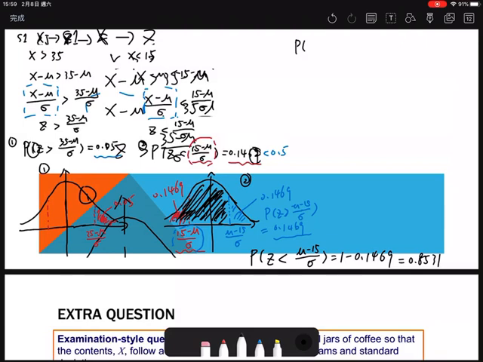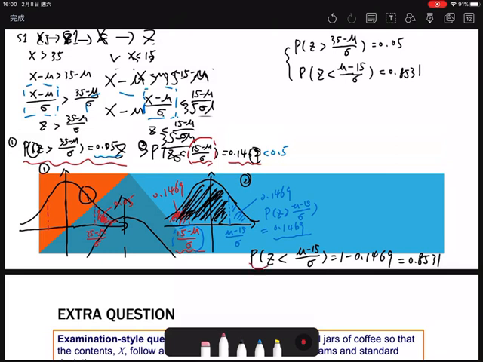So now we get two equations. P(Z greater than 35 minus mu over sigma) equals 0.05, it is this one. And another one is P(Z smaller than mu minus 15 over sigma) equals 0.8531, it is this one.